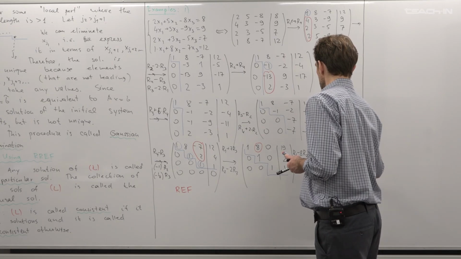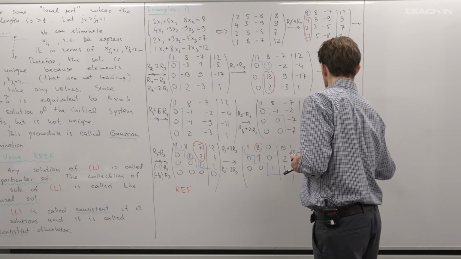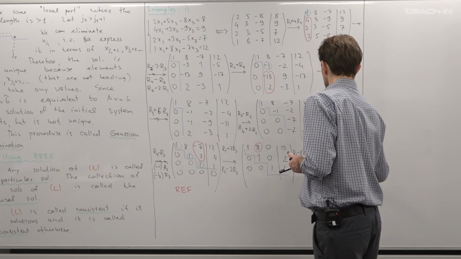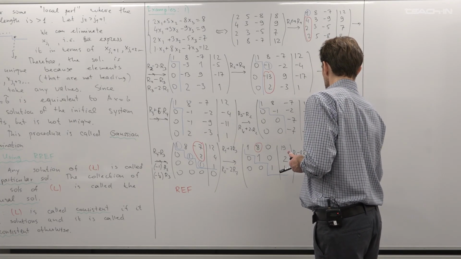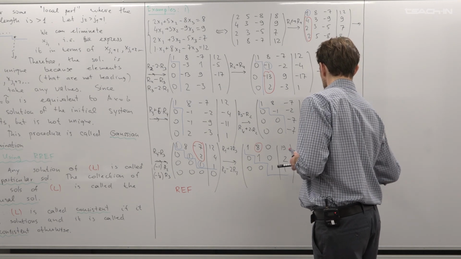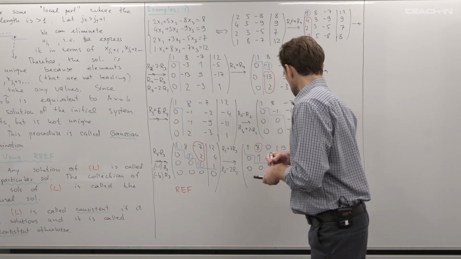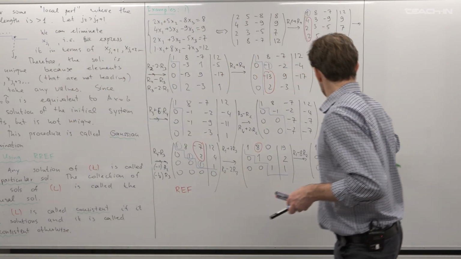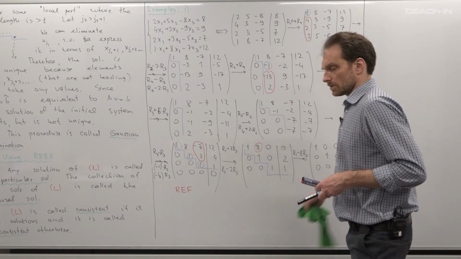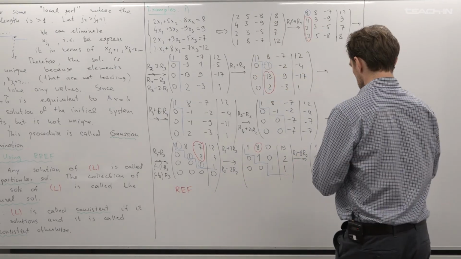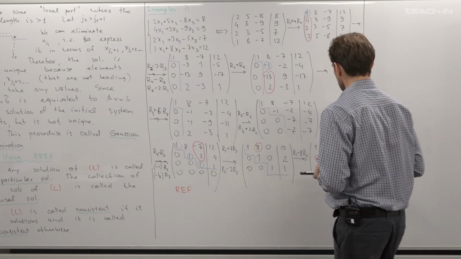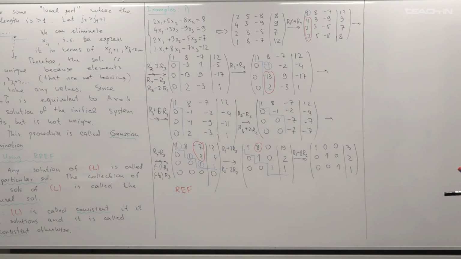So we get 0, 0, 0, and here not 19, but 19 minus 16, which makes 3. I forgot to do this with the last element in the first row. Okay, so this is what we get here.